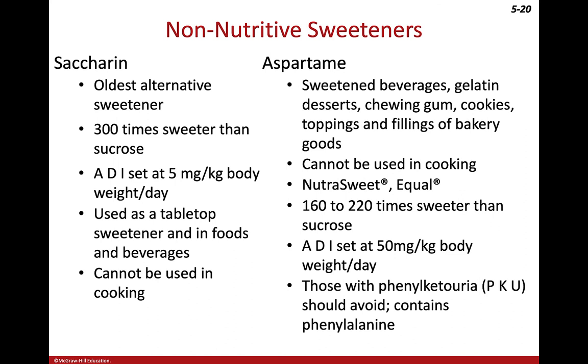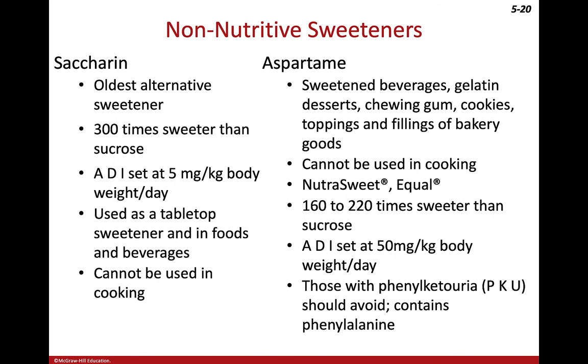The other thing that I want you to be comfortable with is these cannot be used in cooking. Also note they are significantly sweeter than sucrose: saccharin 300 times, and aspartame anywhere from 160 to 220 times.